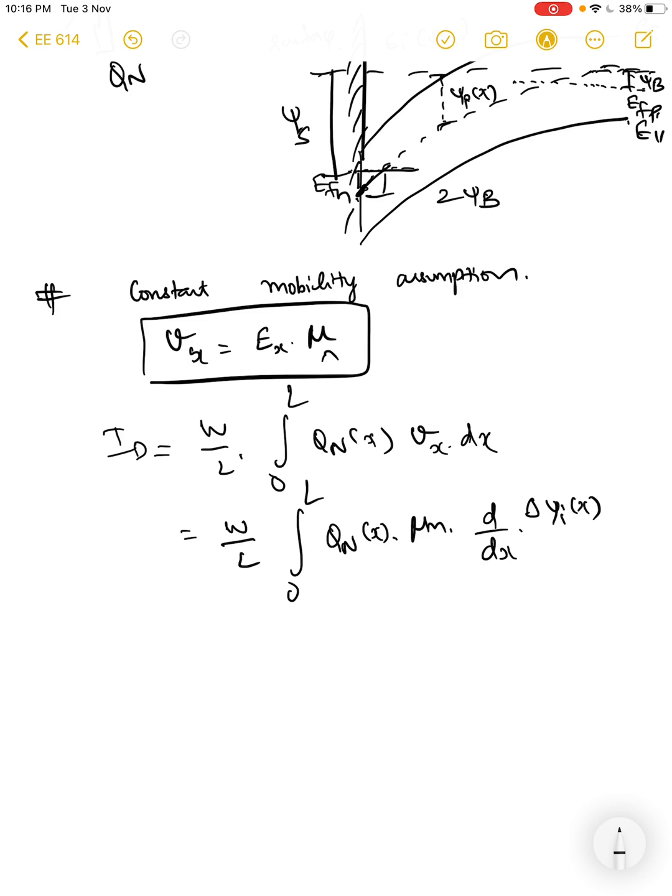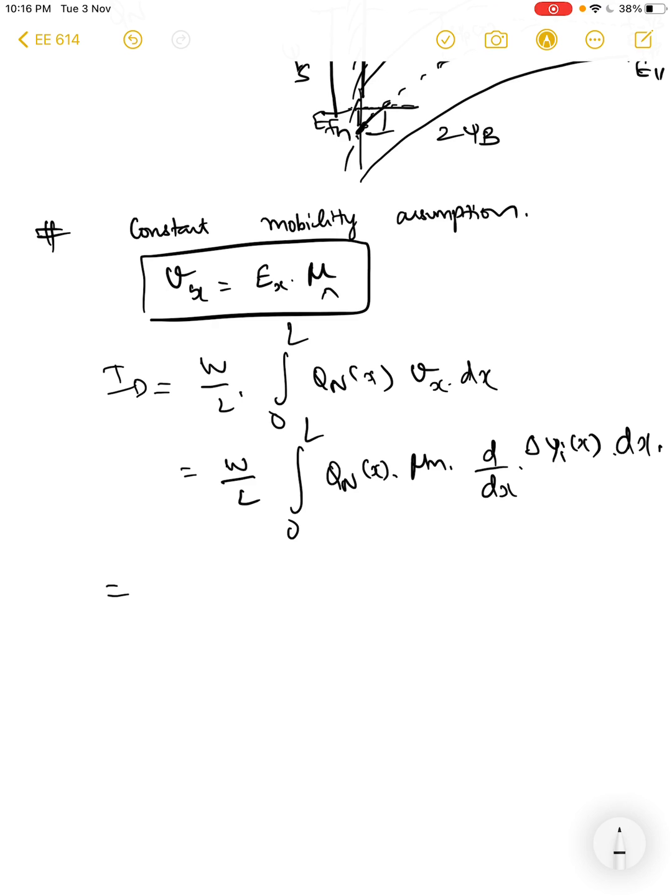So this is the potential. Differential of the potential is the electric field into dx, and basically it will turn out to be an integration of the charge with respect to the potential. So W by L mu n integral 0 to Vd, because that's how the potential is going to change, right? 0 is the potential at the source and Vd is the potential at the drain, and Qn of delta psi I d delta psi I, correct?